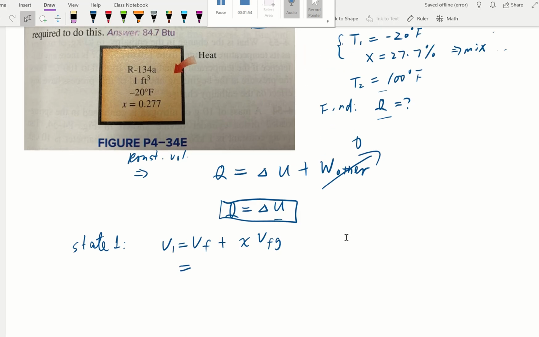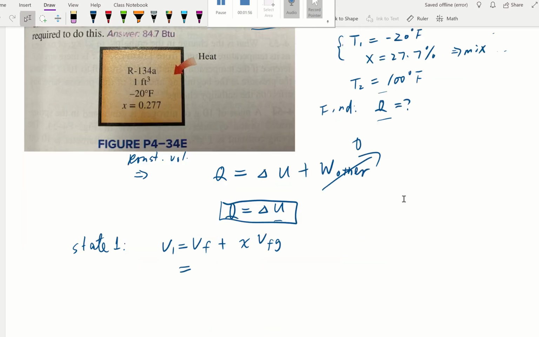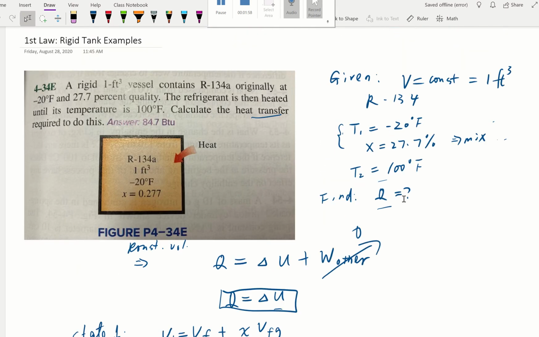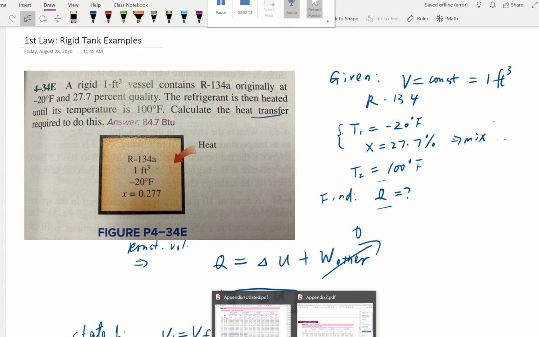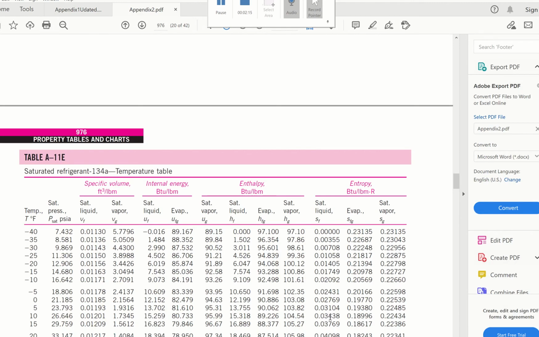So here we're going to look at -20 Fahrenheit. Again, make sure you look at the English unit. I have to confess, I already recorded this one, and later on down the road I realized I was looking at the metric system. So here I'm having a do-over. Make sure you are looking at the English system this time.